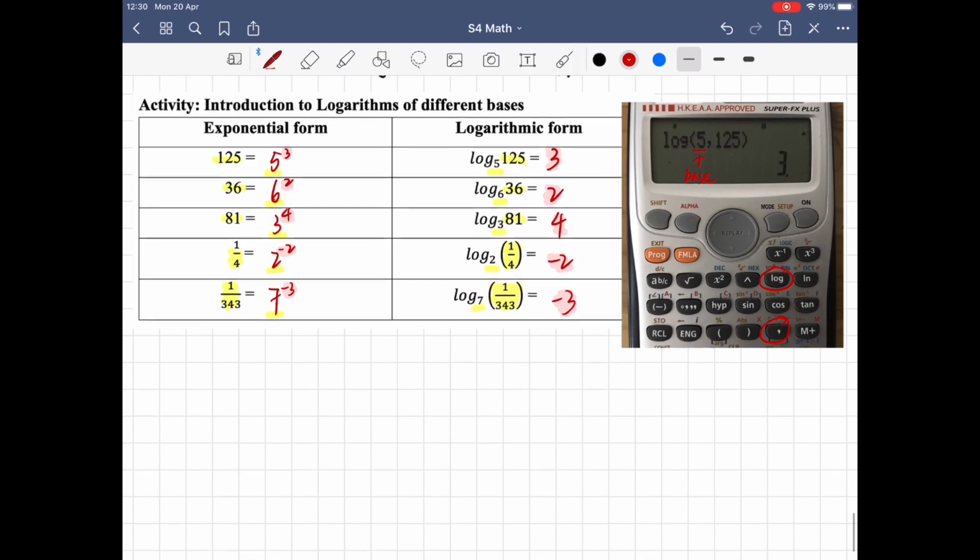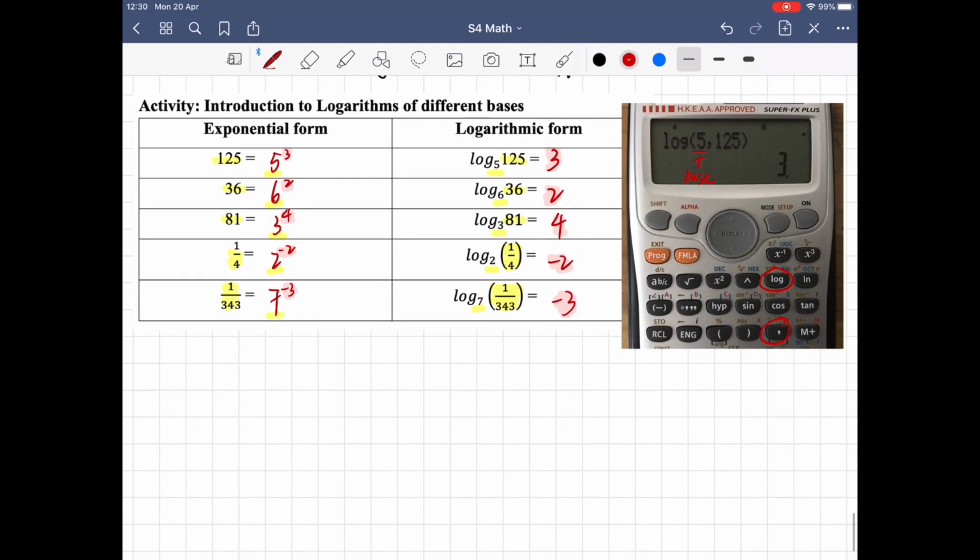And therefore, we can make the conclusion. If we know that a certain number x can be expressed as a to the power y, if we take log on this number x according to its base a, the answer must be equal to y.